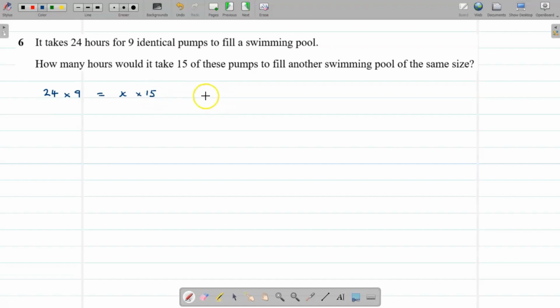So x is the number of hours. x equals 24 times 9 over 15, and that comes to 14.4 on the calculator, and that's the answer. 14.4 hours. It doesn't ask for it in hours and minutes or anything like that, so just leave it like that.